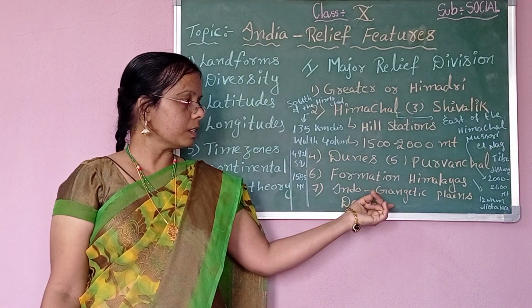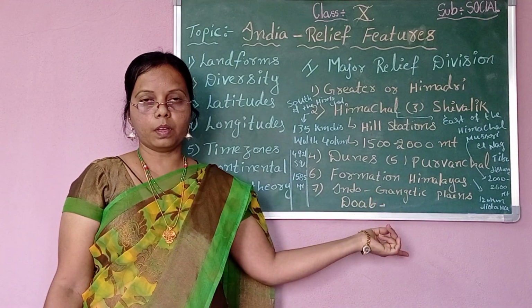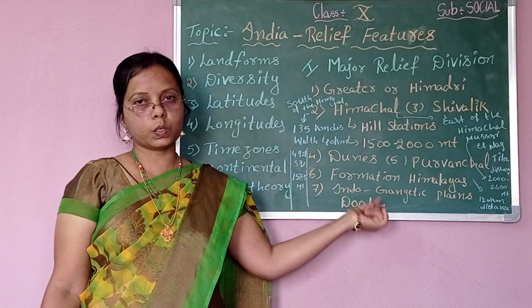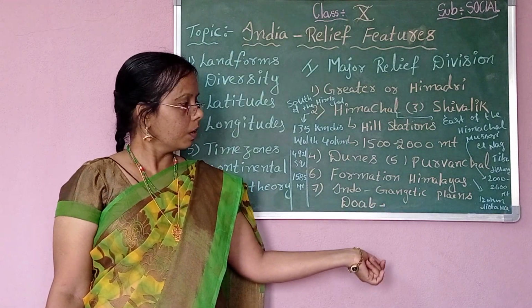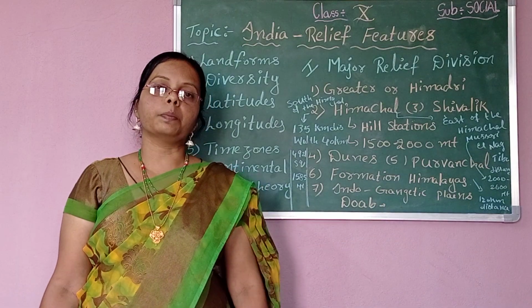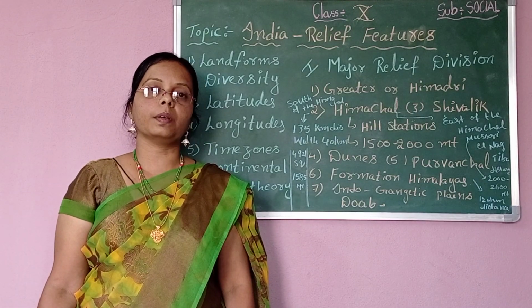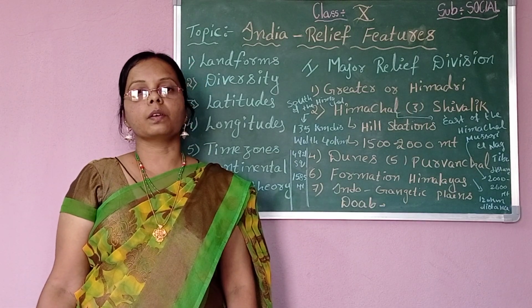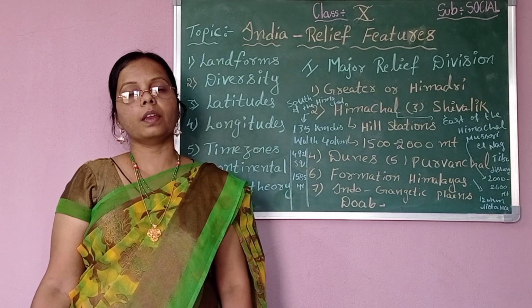Ganga has tributaries like Yamuna, Kosi, and Son. And the last one is the river Brahmaputra. It flows in the Brahmaputra valley in Assam.